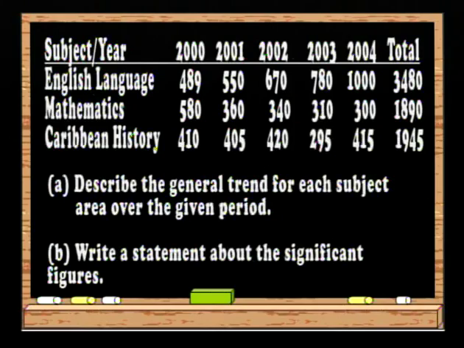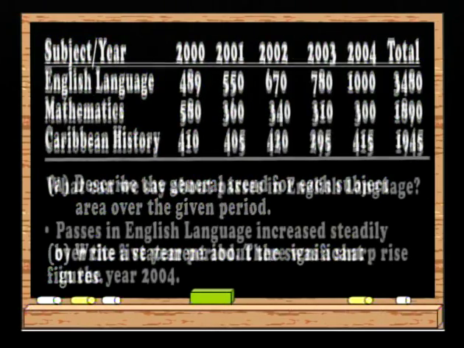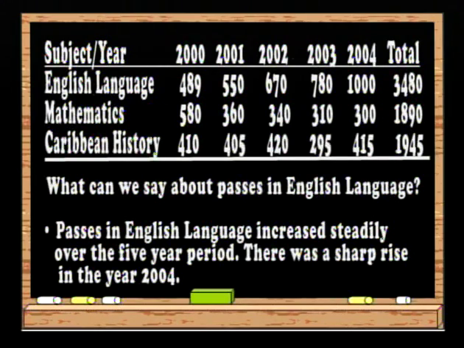Let us first examine the general trend for each subject. What can we say about passes in English language? Passes in English language increased steadily over the 5-year period. There was a sharp rise in the year 2004.